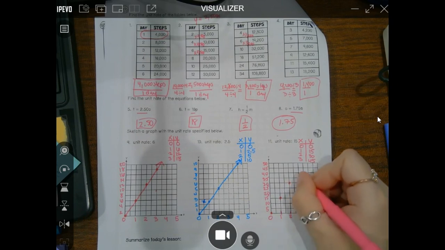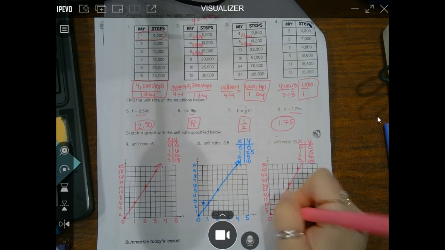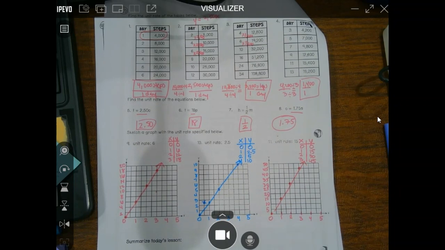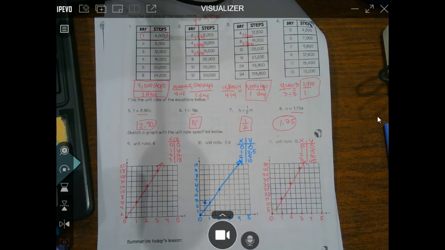And over 3, up to the 45. And there we go. Another perfectly straight line. Why? Because these are linear equations that move at a constant rate, which means they go up and over the same amount each time. Okay, my little mathematicians, good job. You got this. You are now masters at finding rates from equations, tables, and graphs.